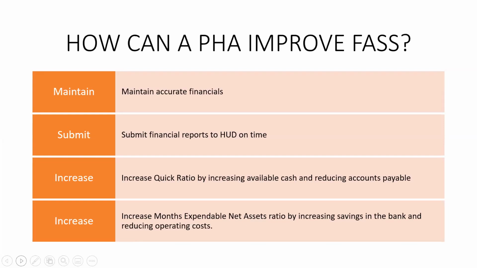You can't use the CARES Act to put that into the reserves. So it's kind of a strategy on how you're using that funding to plus up the reserves with your regular operating funds. Hopefully that answers your question.